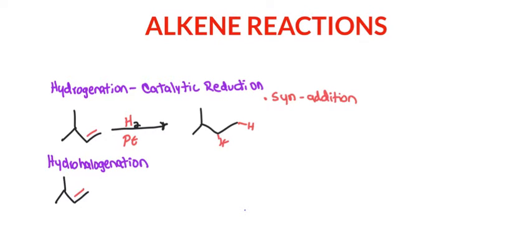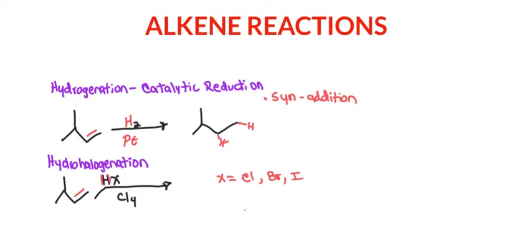Now let's continue with hydrohalogenation, and we're going to create two reactions. One is with a halide, which we're going to name HX, and CCl4. Please notice that our X can be any halogen like Cl, Br, or iodine.